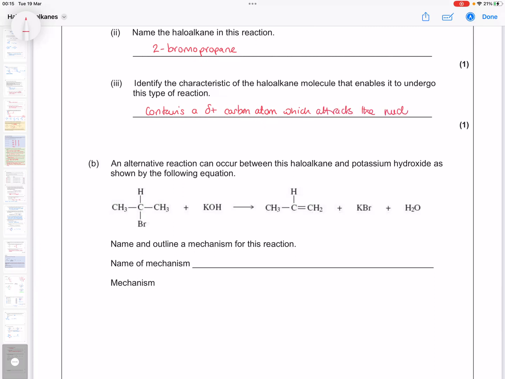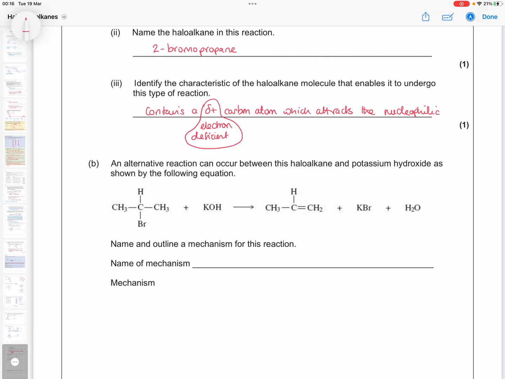Remember what I said earlier, you could use even better terminology. You could say a delta positive carbon atom, and another way to say that is to call it electron deficient. So the electron deficient carbon atom attracts the nucleophile.